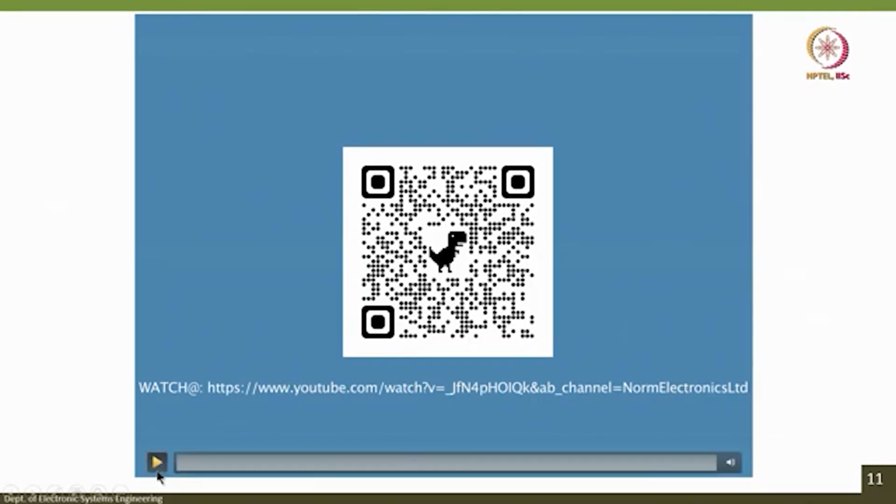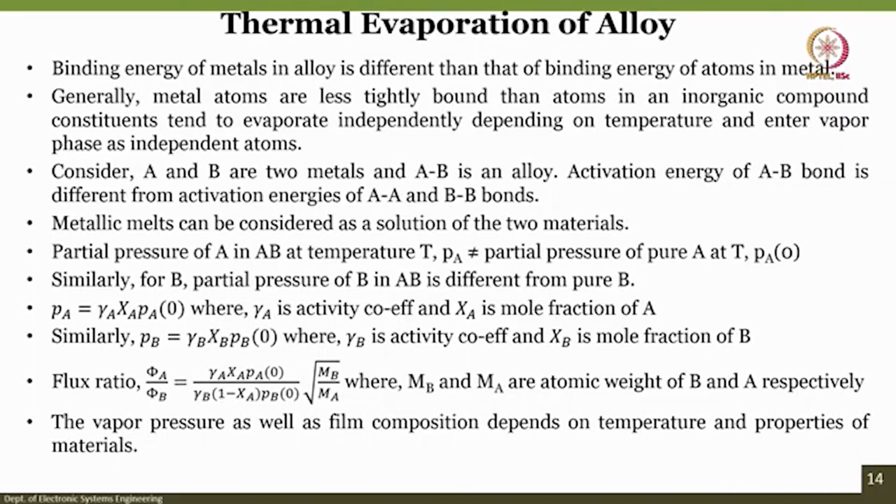Then the question that comes to our mind is what happens if we want to evaporate an alloy. In that case, the binding energy of metals in an alloy is different from the binding energy of atoms in a metal, which we already know. The metal atoms are less tightly bound than atoms in an inorganic compound.